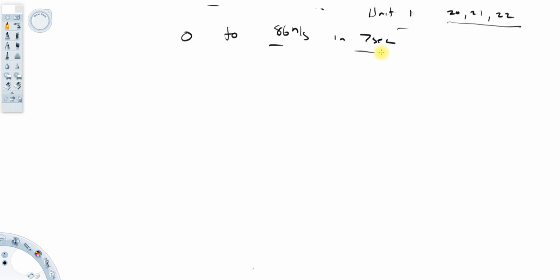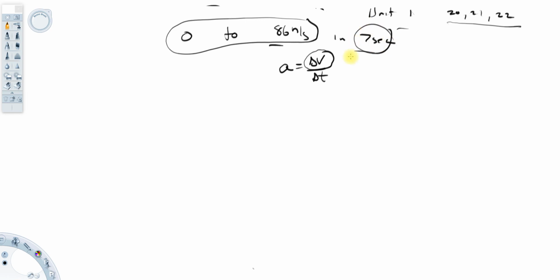Well, right off the bat, we can calculate the acceleration, because acceleration is change in velocity over change in time. If you go from 0 to 86 meters per second, your change in velocity here is going to be the 86 meters per second, and here's your change in time. So this now is going to be some number. It's your homework, so I'm not going to finish it or actually get a value here. It's going to be number meter per second per second.